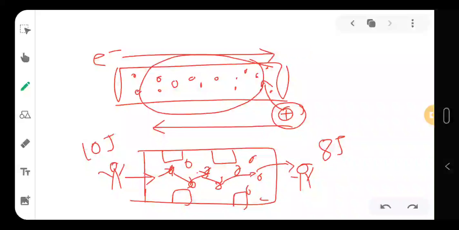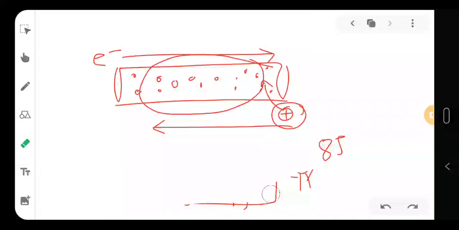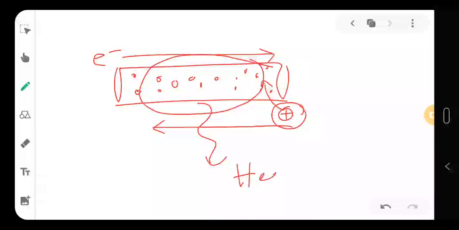This energy which is lost by the charges due to the interactions is released as heat energy. So whenever charge flows through any conductor, the conductor heats up, and using this property we make heaters, burners and lots of things.